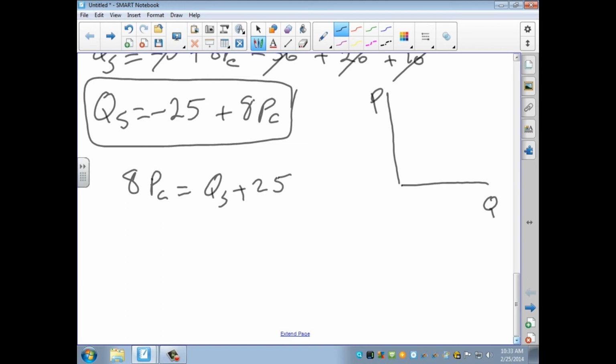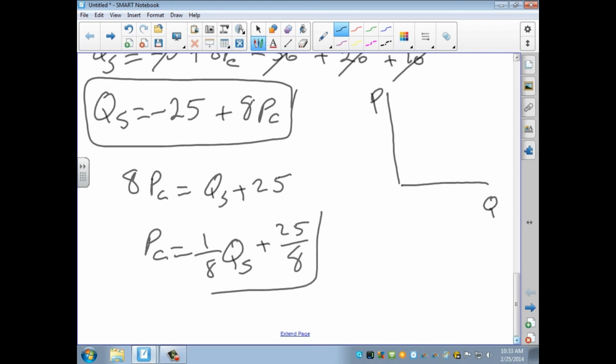Now if we divide everything by 8, that means PC equals 1/8 QS plus 25/8. So if quantity is at 0, price of copper would be 25/8. 25/8 is about 3, a little bit more than 3.